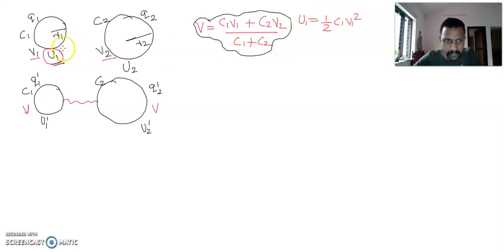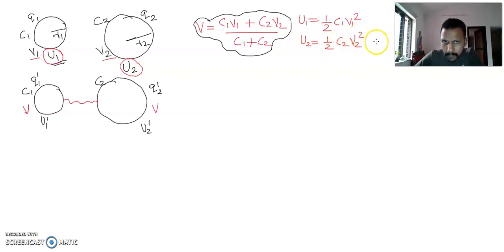Since C1 is the capacitance of this sphere and V1 is the initial potential, the initial potential energy will be half C1 V1 square, that is U1. Likewise, what is U2? U2 should be half C2 V2 square.